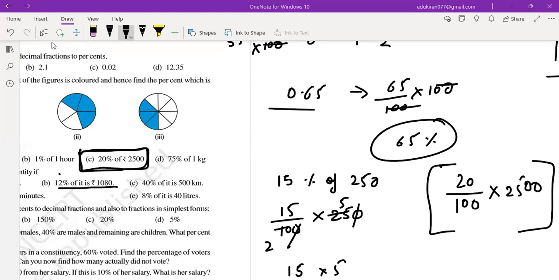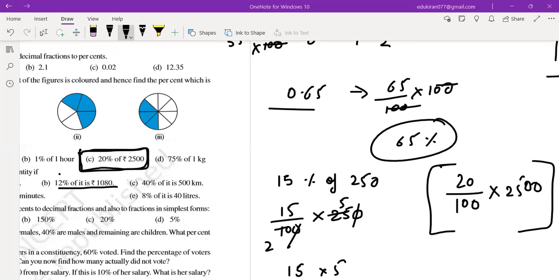Ma'am, I'm done. Okay. So now let's just discuss. So what you got? Tell me. 20% of 2,500. 20 divided by 100 into 2500.